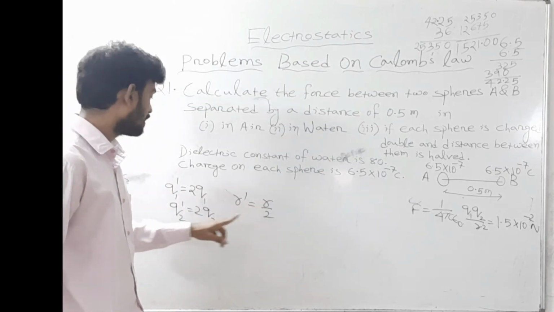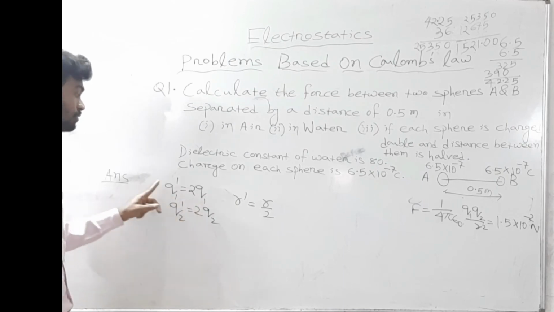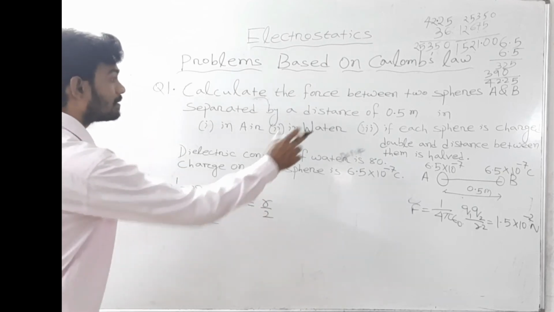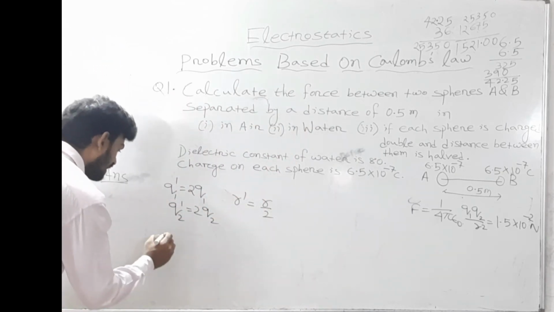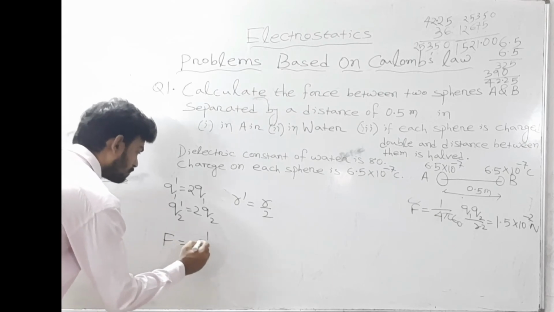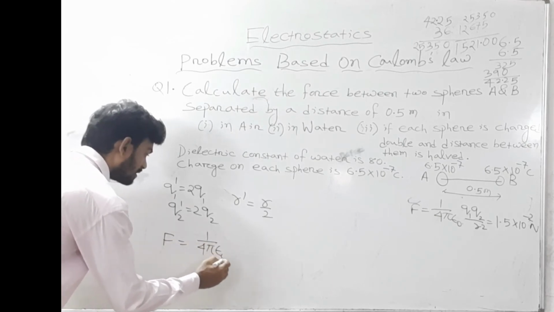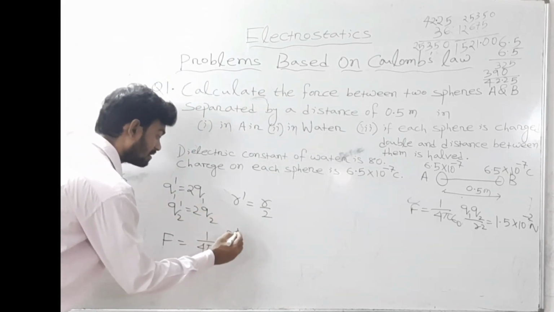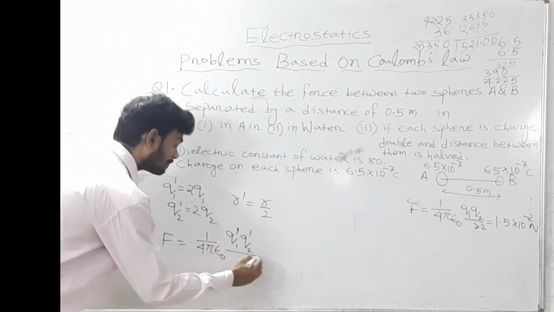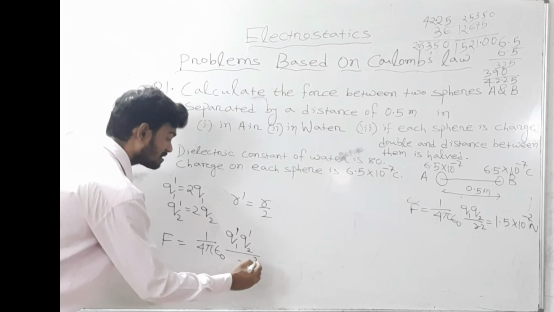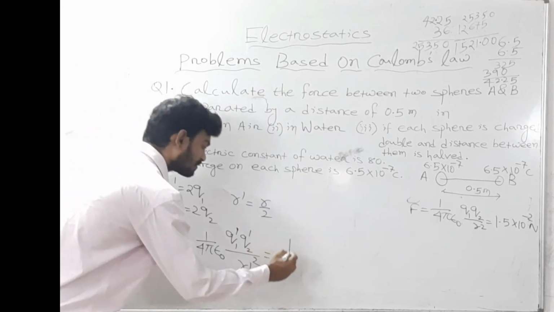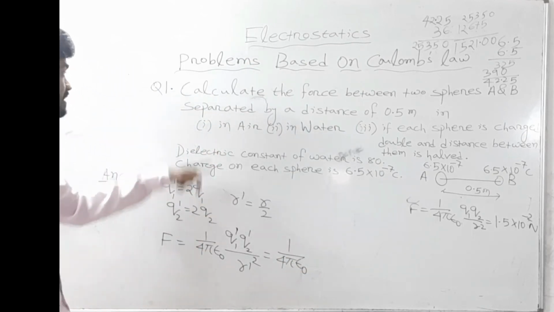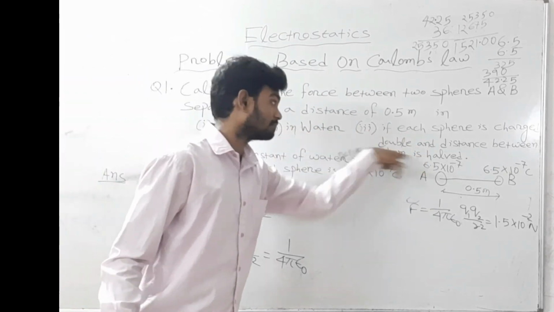Previous distance is r, previous charges are q1 q2, and new charges are q1 dash, q2 dash, and r dash. Now we have to find the force. F is equal to 1 by 4 pi epsilon naught, q1 dash into q2 dash divided by r dash square, in air medium, since we are finding force in air medium for this question.